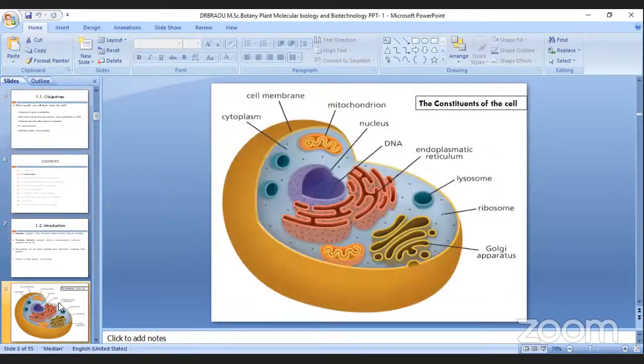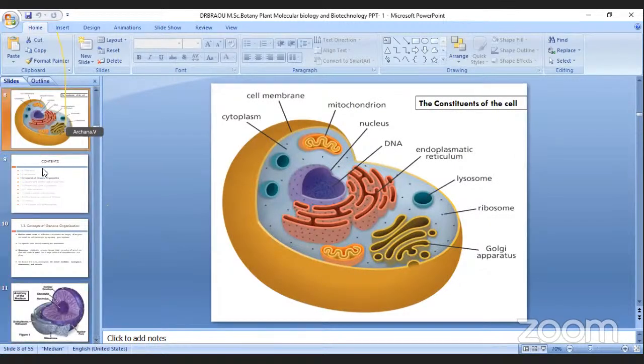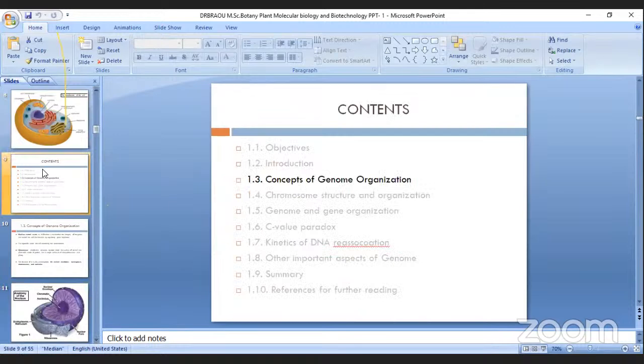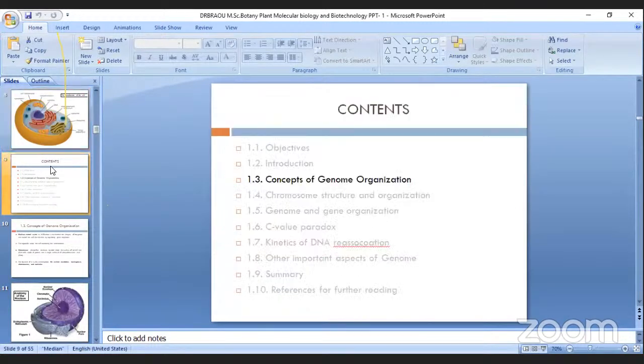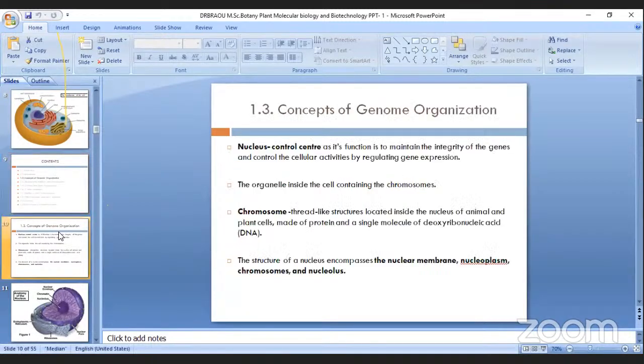Next, this is a eukaryotic cell and the constituents of the cell. Next, concepts of genome organization. Primarily, the nucleus is called the control center of the cell.